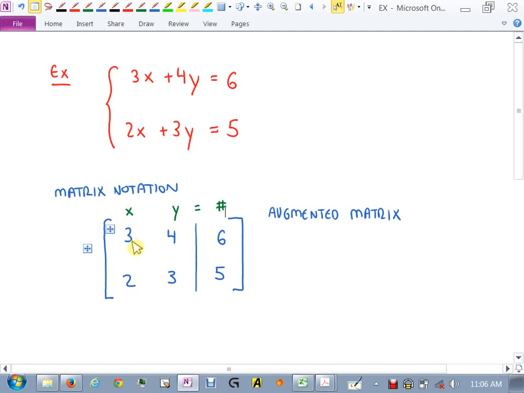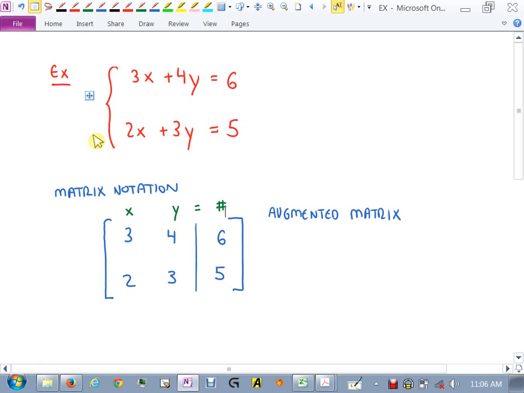So what I'm going to do is look at this column here, and I'm going to say I want to make one of these numbers become a 0, which is equivalent to me saying let's make the x's go away, right? So what could I do to make one of these become a 0? Or to make these x's go away, what did we have to do? Multiply the top one here by maybe 2 and the bottom one by -3, right?